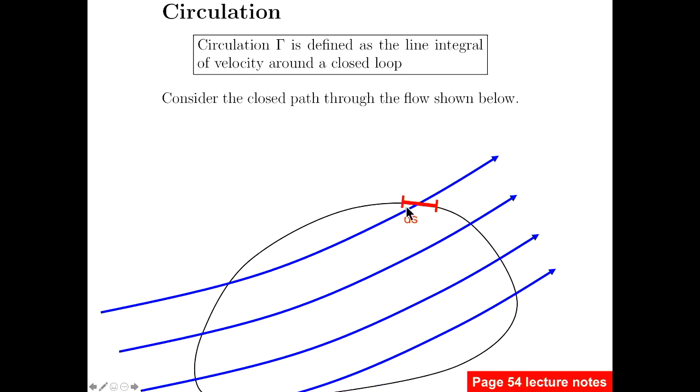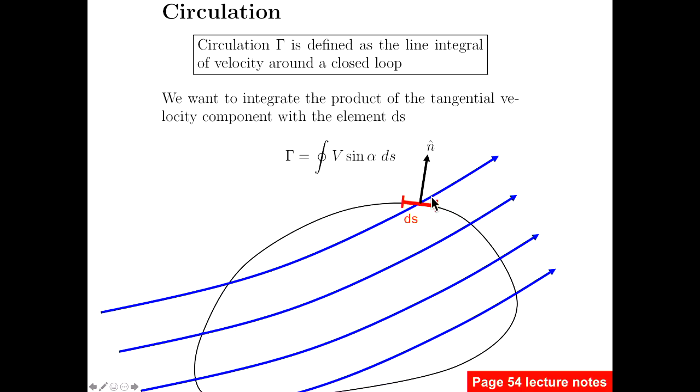So if I consider some small element along this line here, ds, right, and I know that I have this streamline which has some velocity v at some angle to ds. My velocity tangential to the surface ds is just going to be v times sine alpha, right?